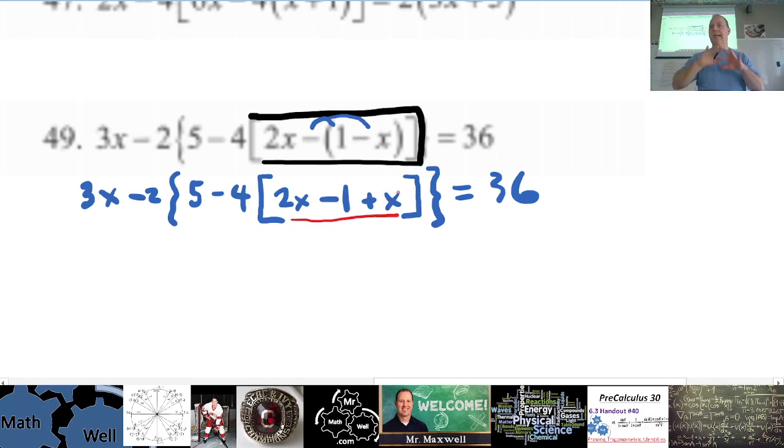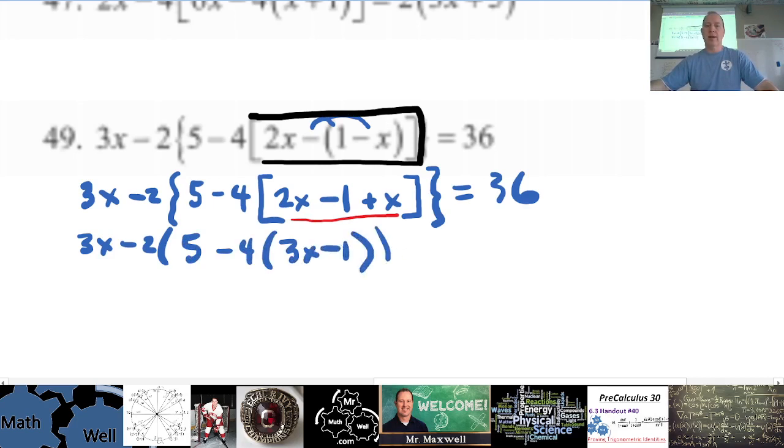So we want to get everything simplified on one side of the equation inside the brackets that we can. So I'm going to rewrite this, 3x minus 2. And you don't have to use the same kind of brackets if you want. I'll just use regular brackets. So this is going to be 3x minus 1 inside there, right?